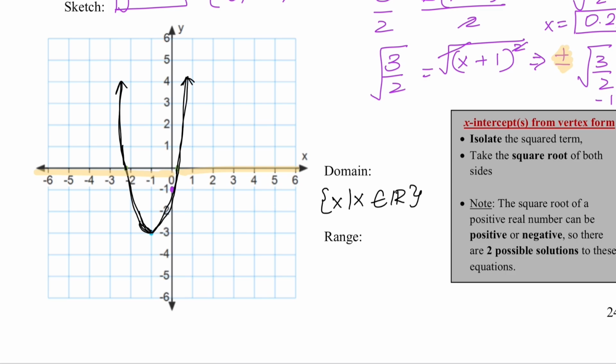Looking at our range, y such that y is greater than or equal to negative 3, y an element of the real numbers, because it stops over here, so we have everything but anything below negative 3.